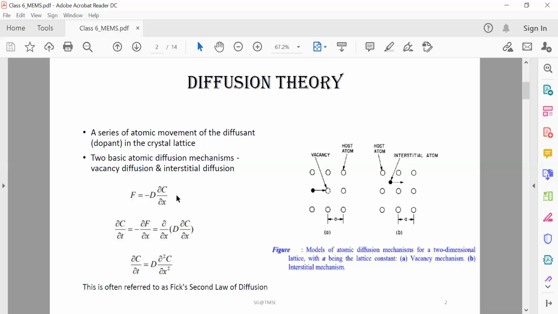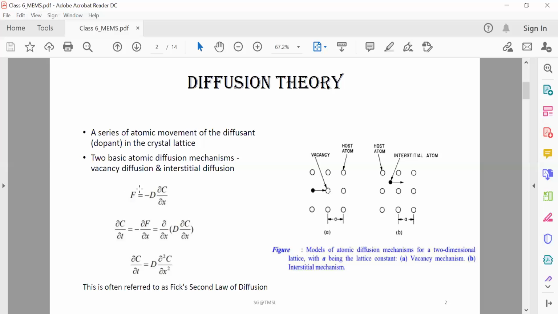Basically, this can be determined by the use of Fick's law. Here this is Fick's first law. The basic diffusion process of impurity atoms is similar to that of the charge carriers.